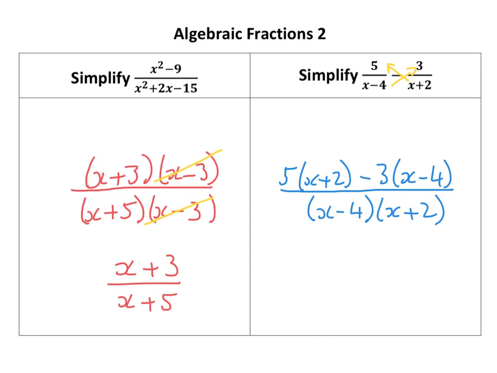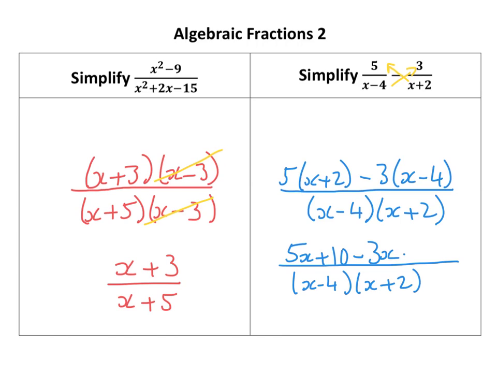Now that's not quite simplified yet, so I'm going to have to simplify all of that, and we get x minus 4, x plus 2 on the bottom. Multiply out the brackets, or expand the brackets, we've got 5x plus 10. Now we're multiplying the second bracket by negative 3, so negative 3x plus 12, because minus 3 times minus 4 equals 12, and then tidy up.